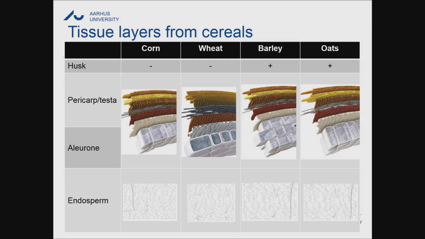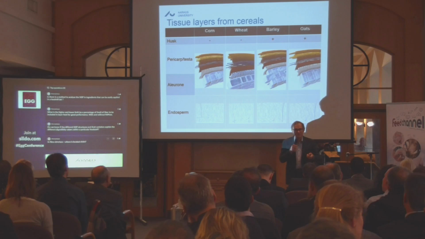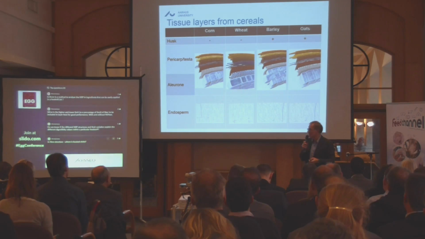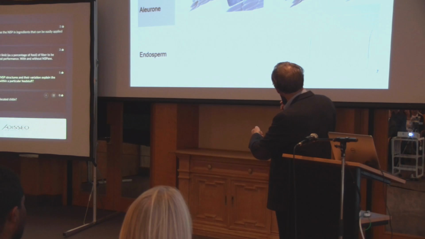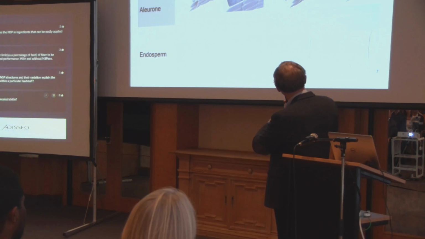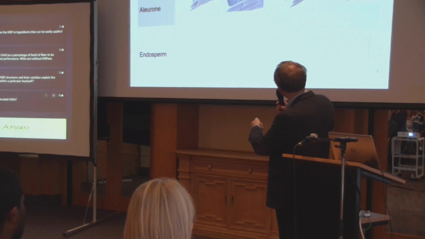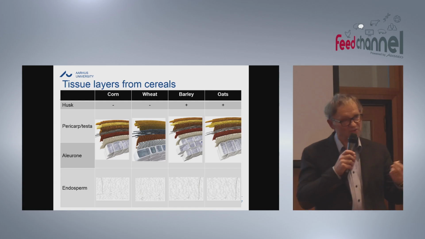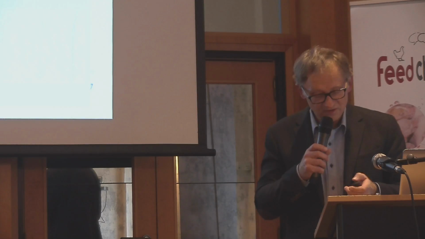If you're looking at the amino acid composition of aleurone cells relative to the endosperm, you will see that particularly the proportion of lysine is substantially higher than what you see in the endosperm. In contrast, these layers out here are generally very low in essential amino acids because they are secondary tissues.